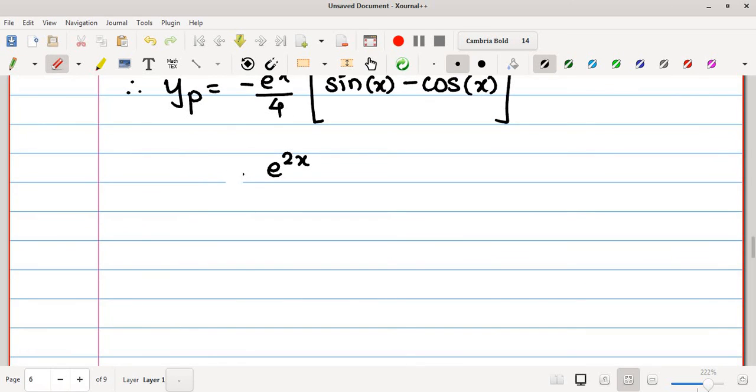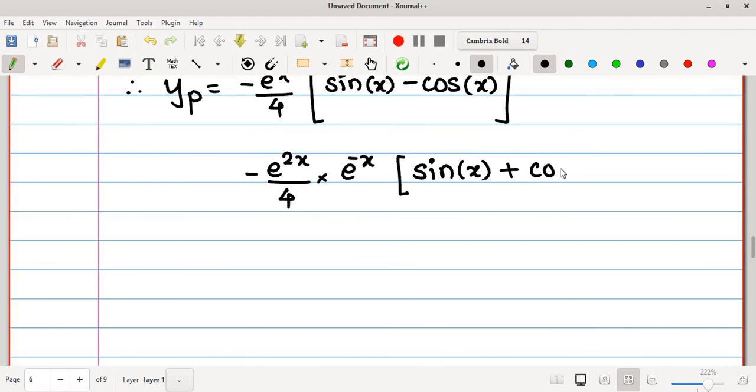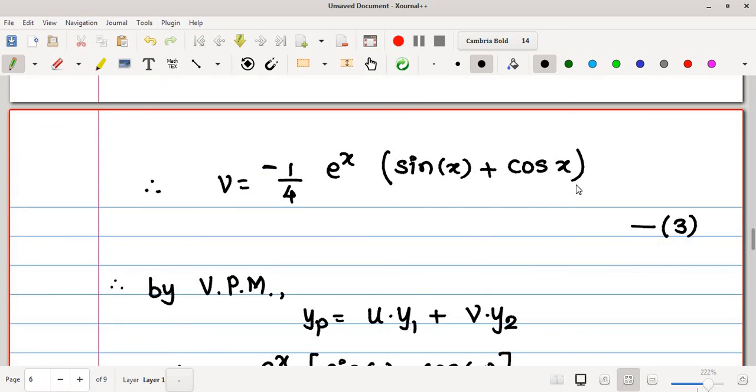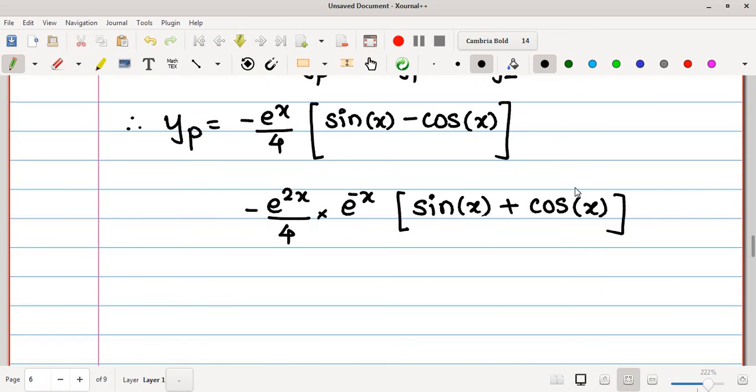So we can change the sign here. So it is minus 1 upon 4 into e raised to minus x into sin x plus cos x. This is our v. Let's confirm those values. So it is correct. Now we simplify this.